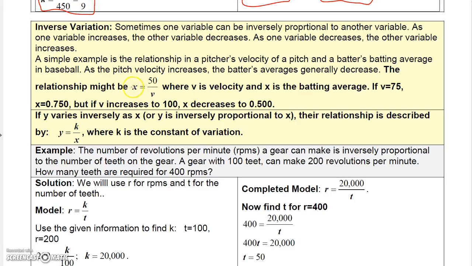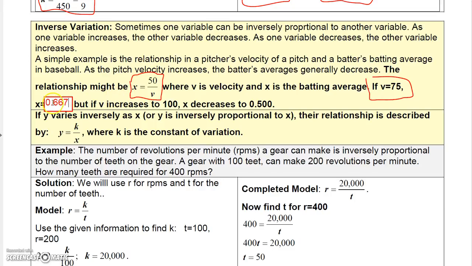The relationship might be something like this: X equals 50 over V, where V is the velocity and X is the batting average. If the velocity is 75, then X would equal 0.750.